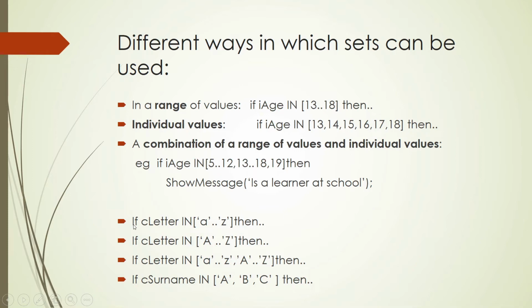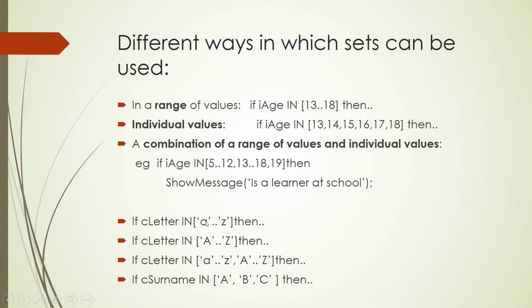In this example, I'm checking the data type char. If C letter in A to Z, so it's between A and Z, and I'm checking lowercase characters a to z, both inclusive.